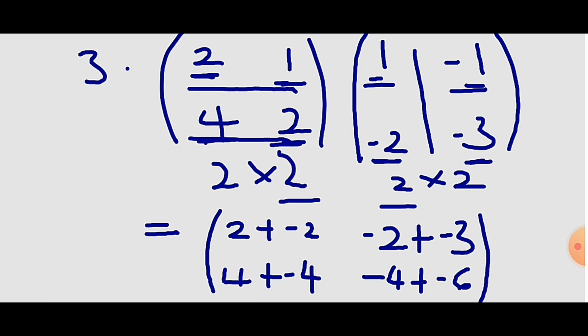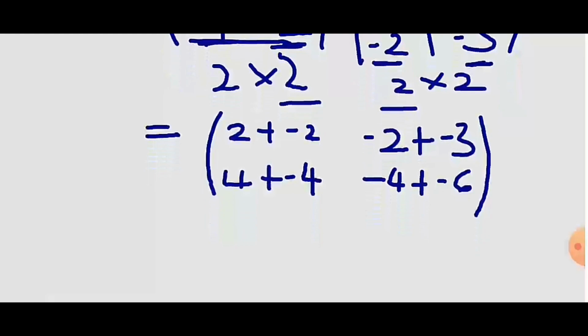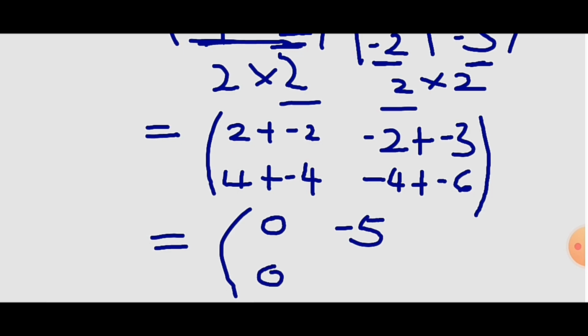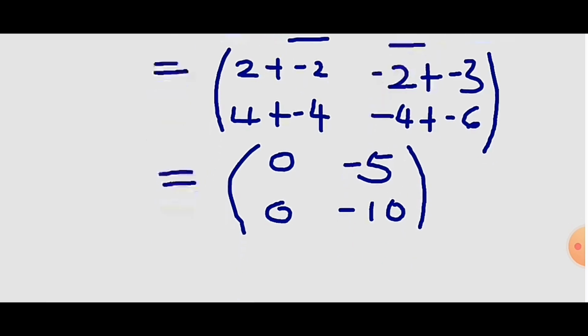This will now give us 0. -2 plus -3 is -5. 4 plus -4 is 0. -4 plus -6 is -10. Let us proceed to another example.